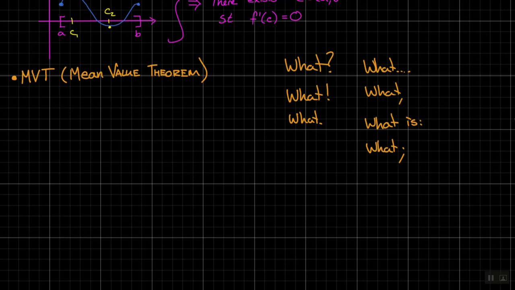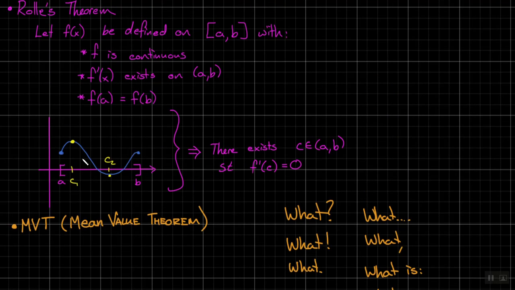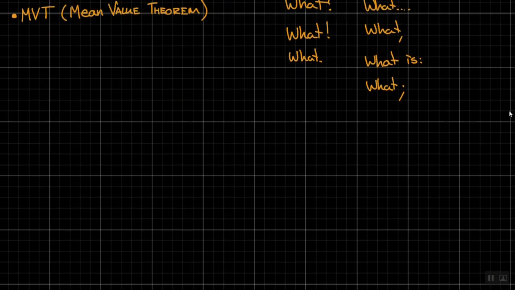Check it out. This Rolle's theorem works if these are the same. Is there a natural question that you might inquire, that I want you to inquire about regarding these? What if they're not the same? So let's check it out.